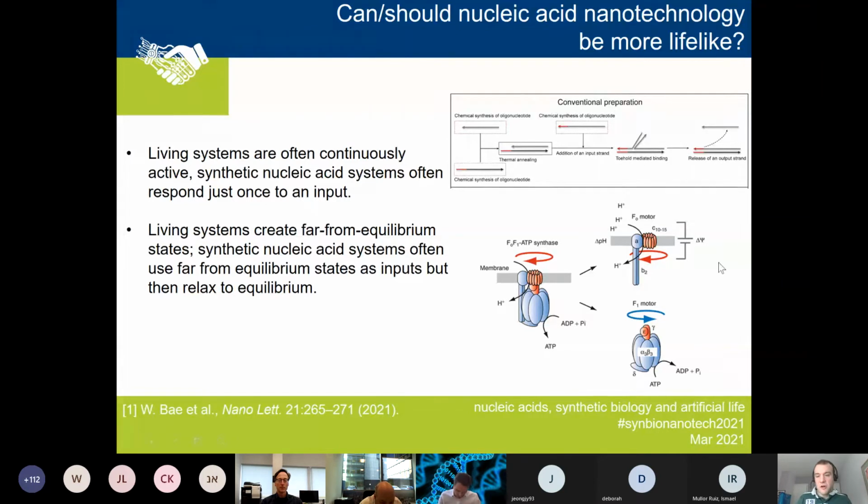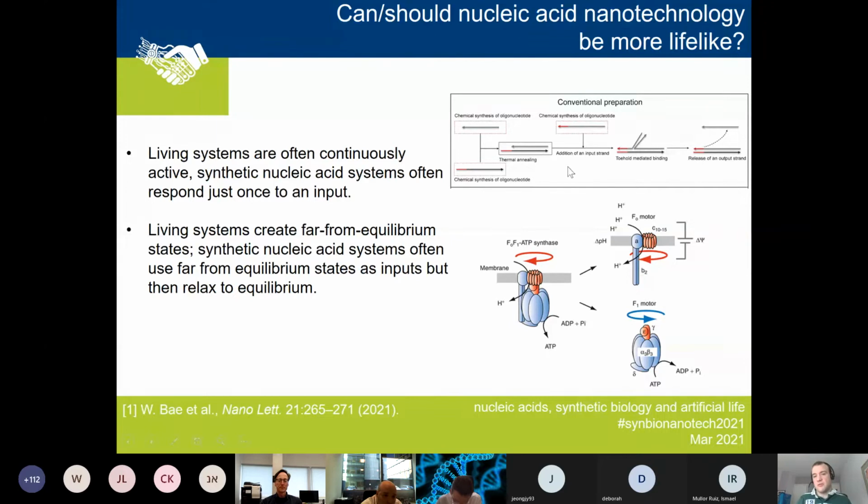A good example, I mean, life is doing this all the time, creating non-equilibrium states. This F0F1 ATP synthase is converting electrochemical gradients into a high free energy molecule, creating a non-equilibrium distribution of ATP. That would be just one example.